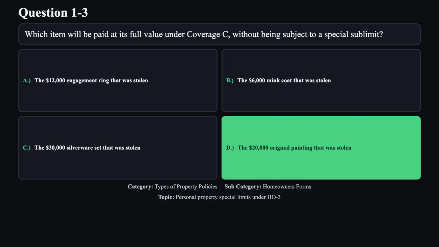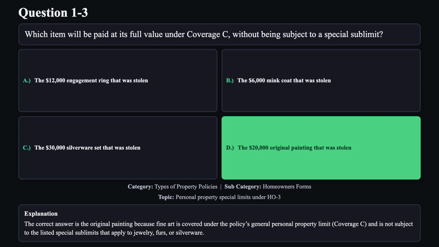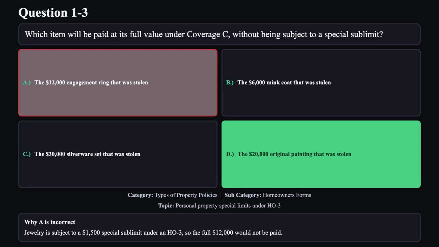The correct answer is D. The correct answer is the original painting, because fine art is covered under the policy's general personal property limit, Coverage C, and is not subject to the listed special sublimits that apply to jewelry, furs, or silverware. Reason A is not correct. Jewelry is subject to a $1,500 special sublimit under an HO-3, so the full $12,000 would not be paid.